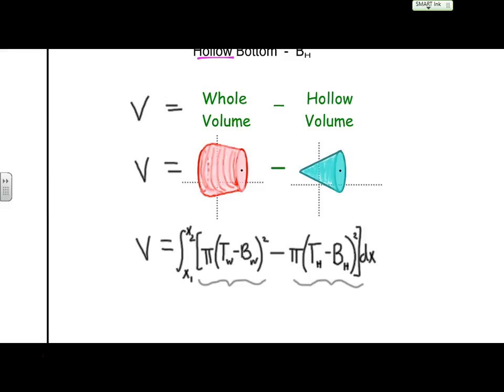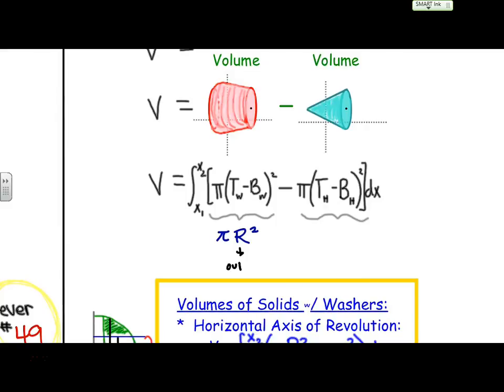So we can think about like up above, pi big R squared, if that helps. Big R for the bigger R. We can also call it, if it would help, the outer radius. And then we could say minus pi little r squared, and we can call that little r the inner radius.